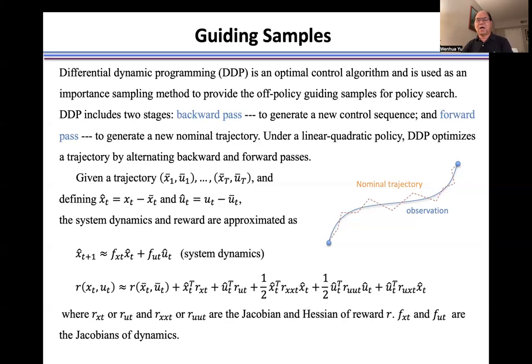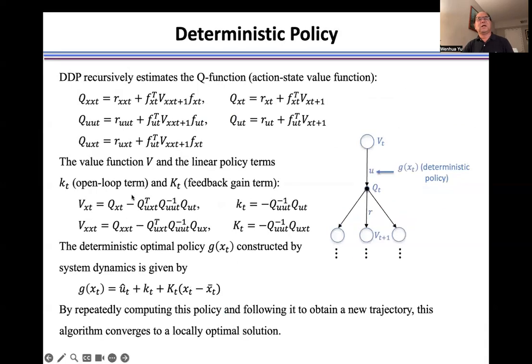So now we see how we can use the DDP to generate guiding samples for policy search. First, we use the DDP to recursively estimate the Q function from the real world reward and the state value function.